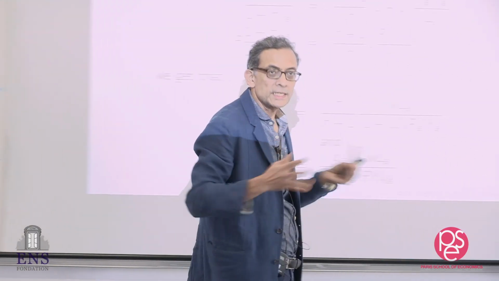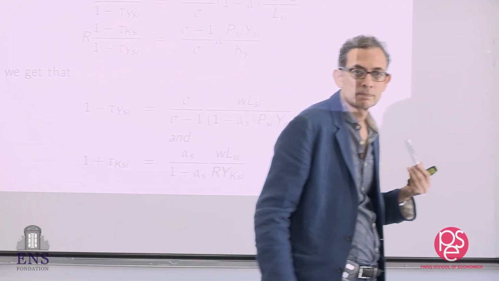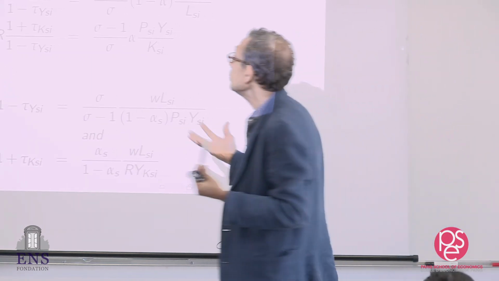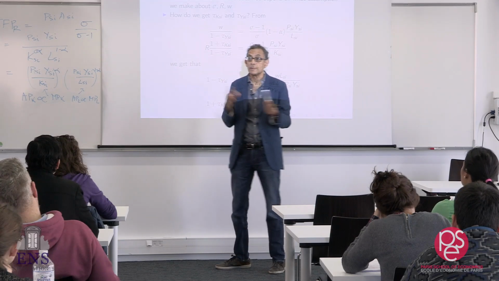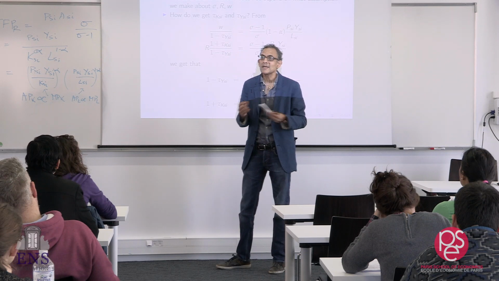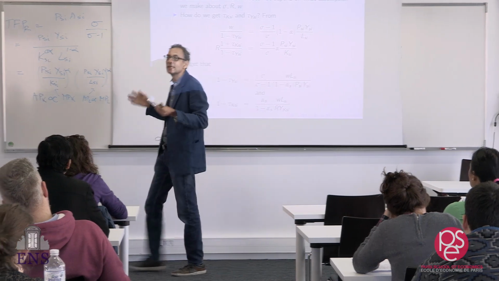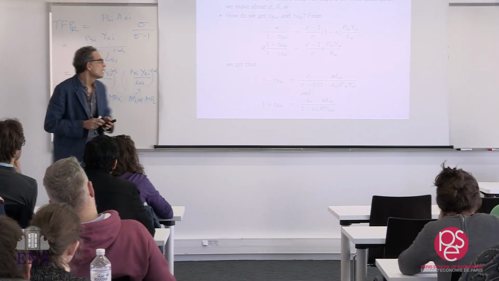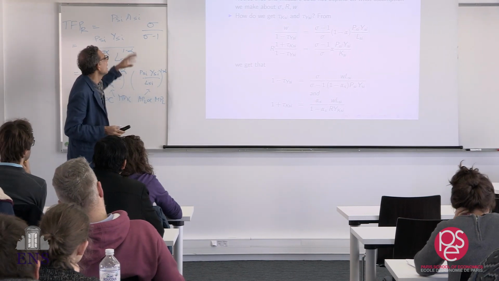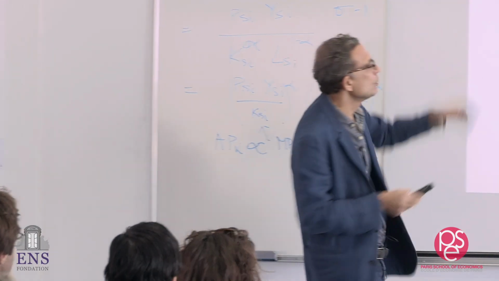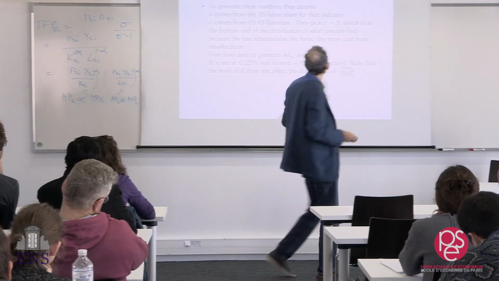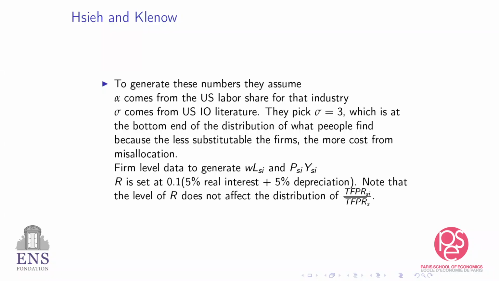So this is just the markup. So one thing you can do is look at the markup in different industries. And typically you find that the markup implies a ratio of something like 3 or more than 3.